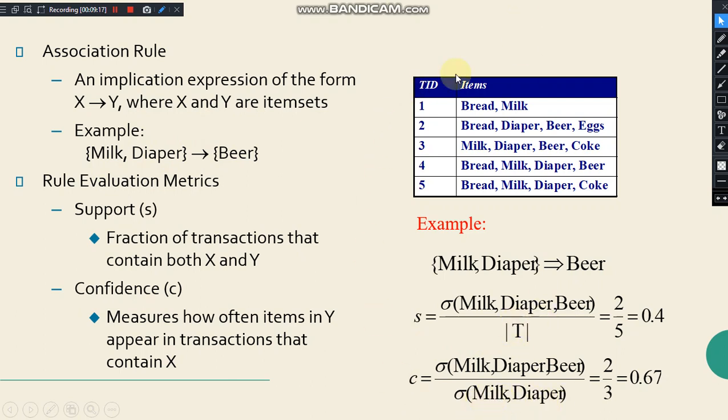So I have to find out in my entire transaction table how many times milk and diaper were bought together, and from those transactions, how many times beer was also bought. That is going to give me the confidence level.